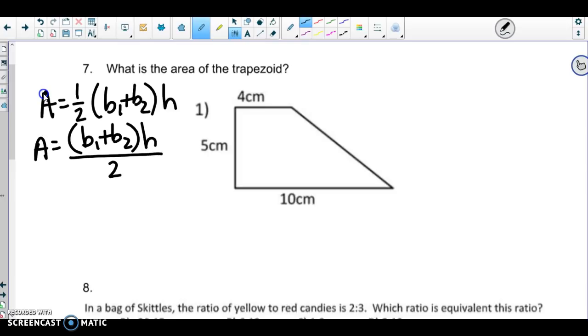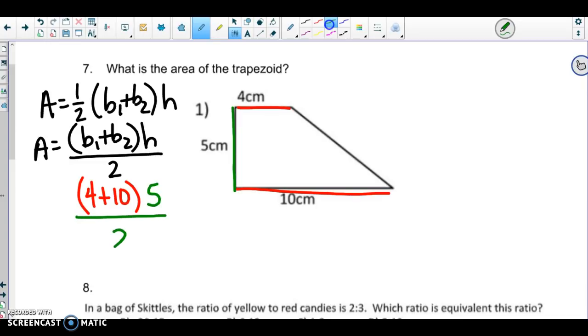How do I tell my bases? Well, my bases are those parallel sides. So this and this would be our bases. If I plug that in, I have 4 plus 10 here. And then my height is going to be that perpendicular side there, which is a 5. And then I would divide that all by 2.